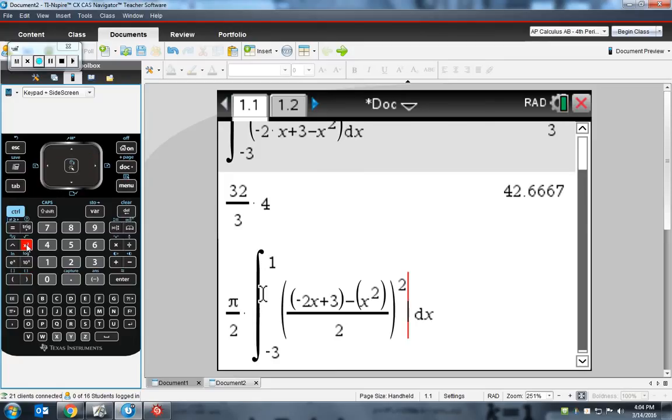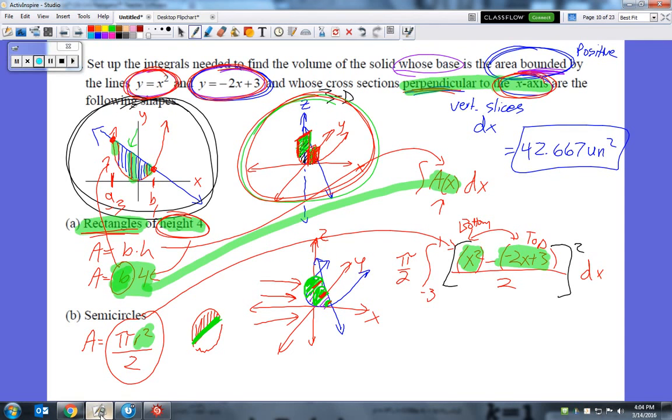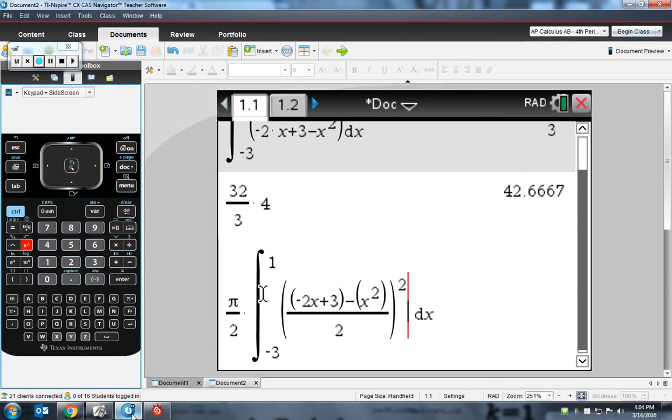So all these little pieces, that's what makes this unit, the unit that involves volume, difficult. You're trying to figure out what little pieces of equations, like pi r squared divided by 2 or base times height, you're going to represent as your integrand.